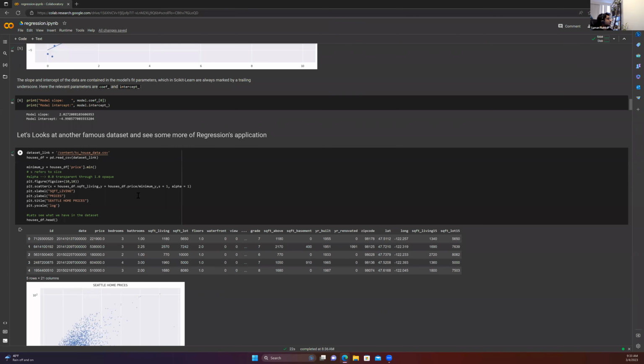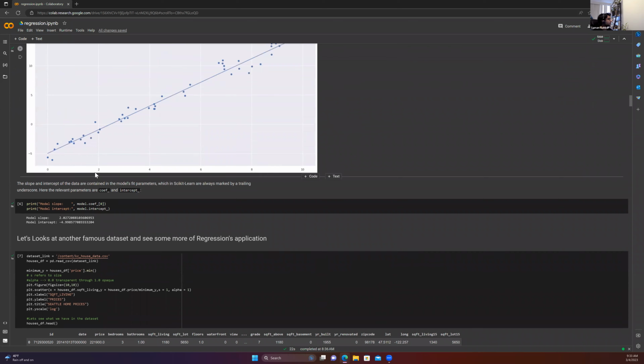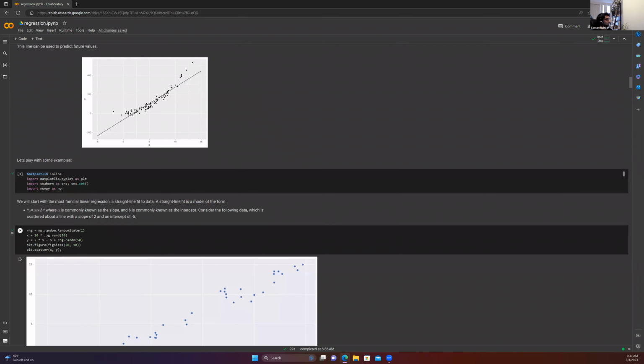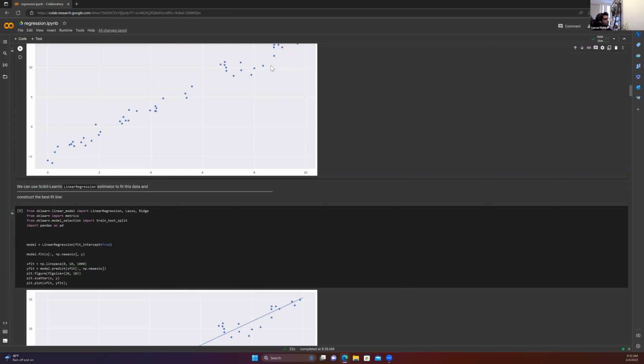Okay, so now let's look at an example to see how it works in some real world problems. That was a data set that we created based on random numbers. We generated some x's and we had this y, and we tried to fit a best line to all these data points.